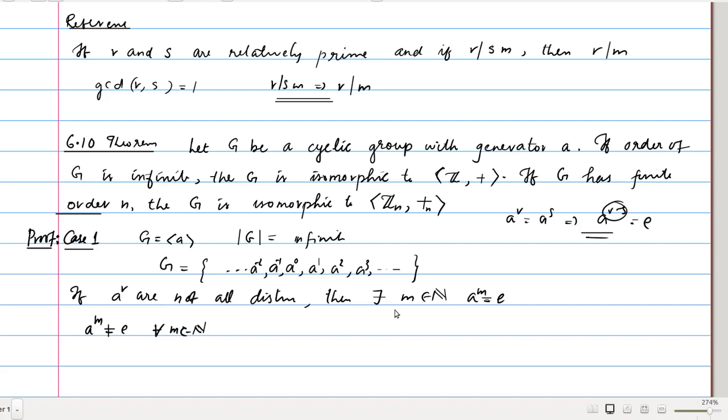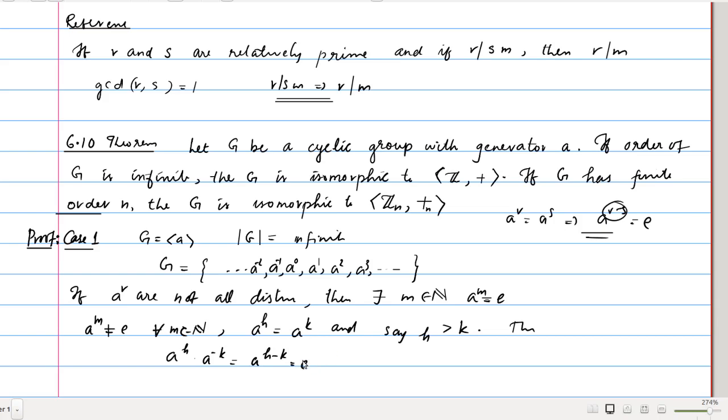Then using the contrapositive, if this does not happen, that means there exist H and K such that A raised to H is equal to A raised to K, and say H is greater than K, one of them is greater than the other. Then we have A raised to H into A raised to minus K equal to A raised to H minus K, which is equal to E.